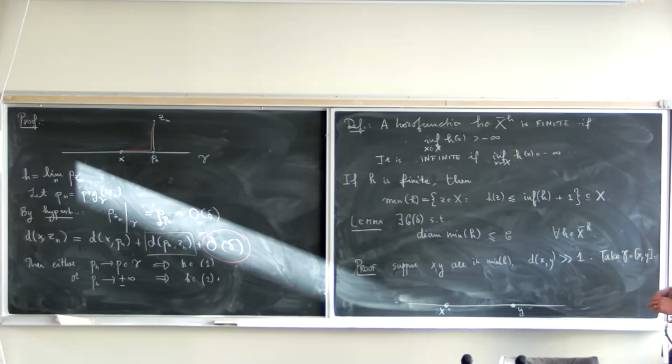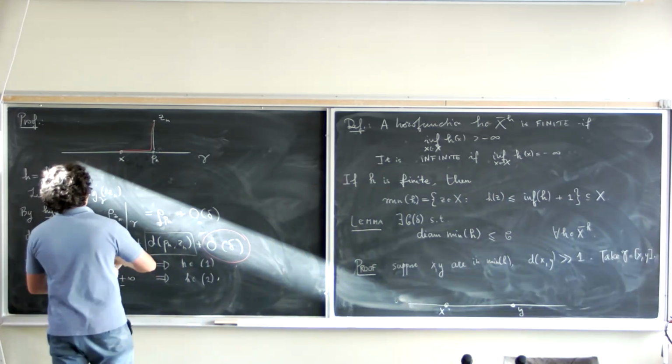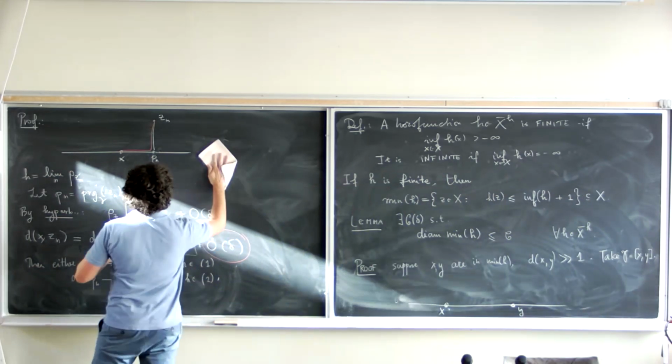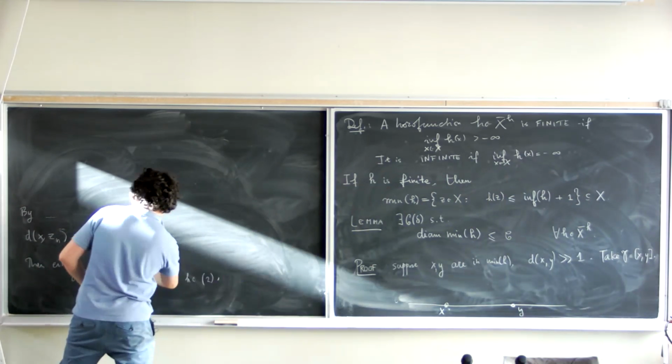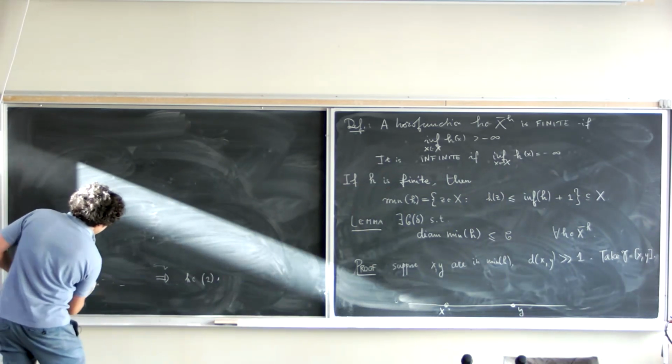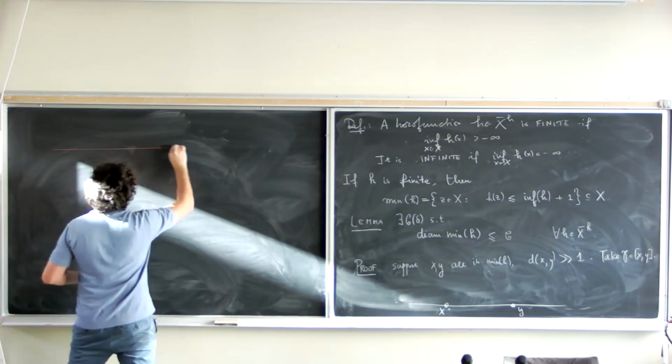Well, the Horo function only has 2 possible shapes, as we just proved. It's either V-shaped, or it's increasing in one of the 2 directions. But neither of those is compatible with this path, because, right?